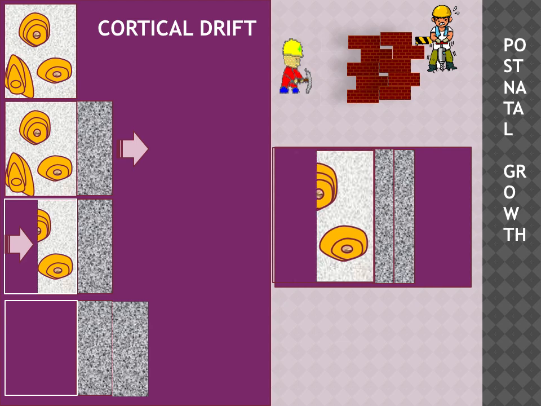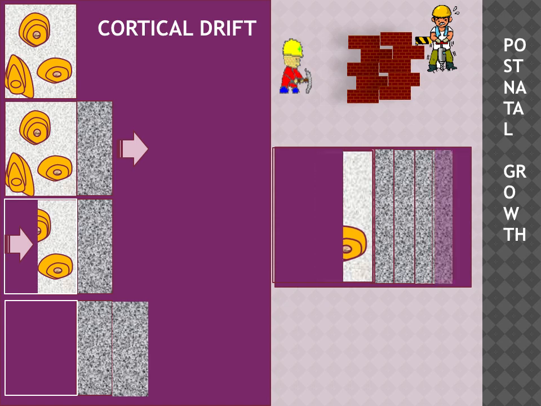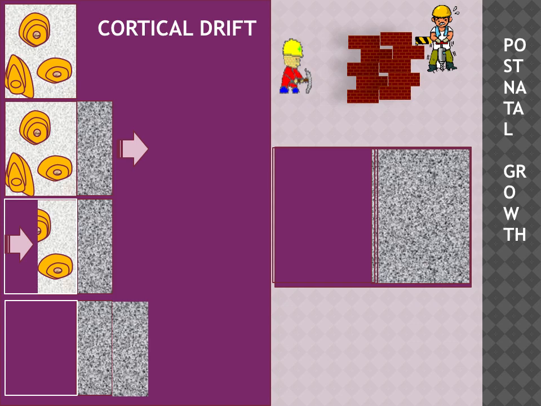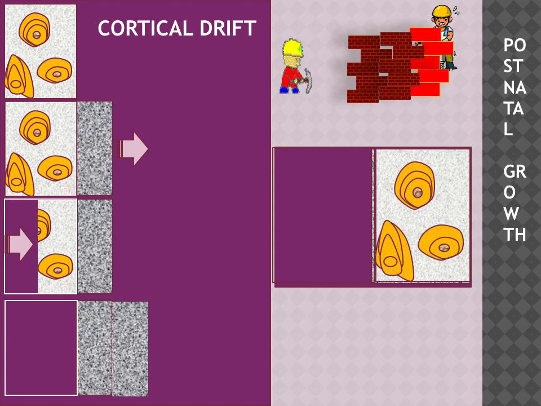Then there is further resorption of the spongy bone and further addition of cortical bone on the other side. This way, this remodeling ultimately leads to the drift of the entire spongy bone into the cortical bone. Hence, it is termed cortical drift.